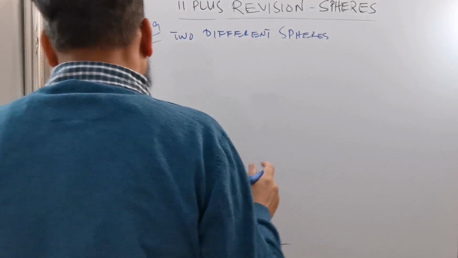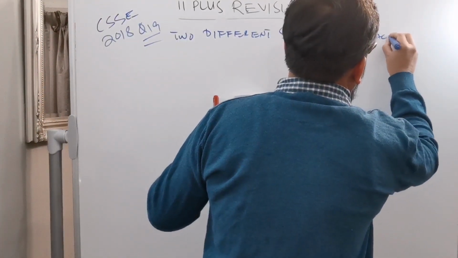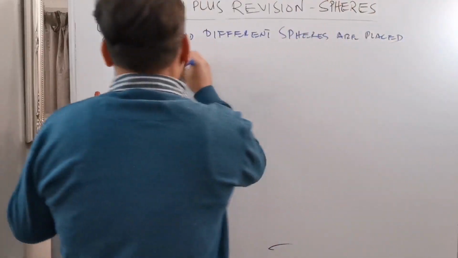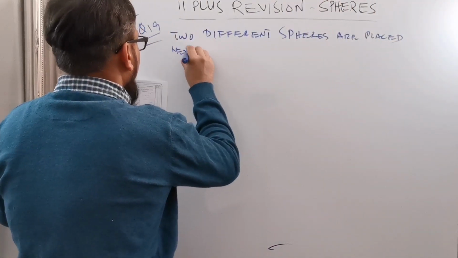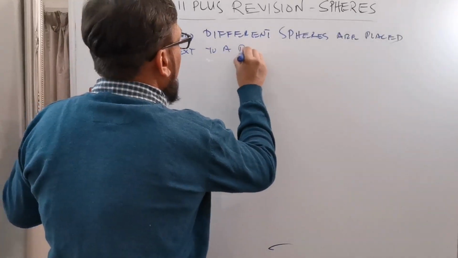The two different spheres are placed next to a ruler.